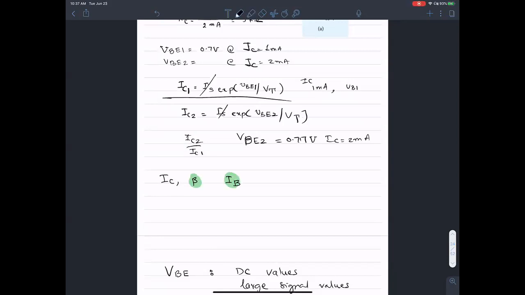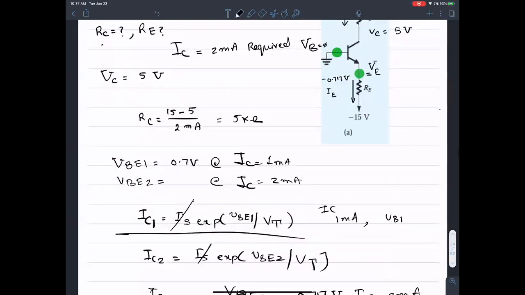Similarly, IE is IC plus IB. So all you need is the value of beta and one of these, IB or IC. Once you have one, you can calculate the other, and once you know both, it's easy to calculate IE, and that's exactly what I'm doing here.